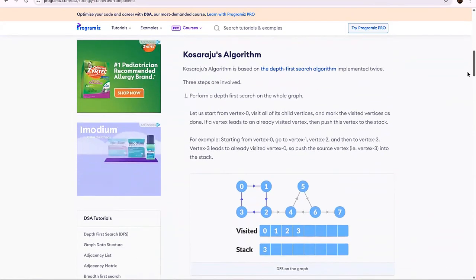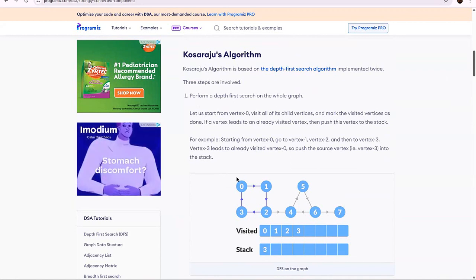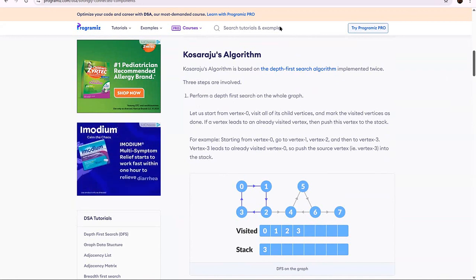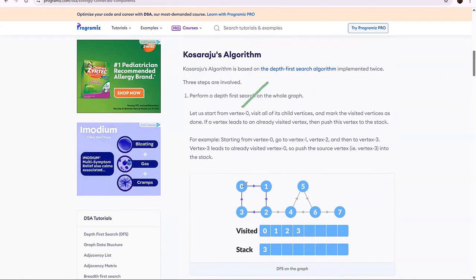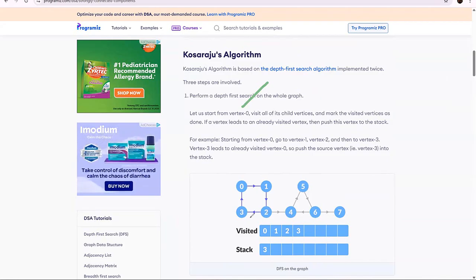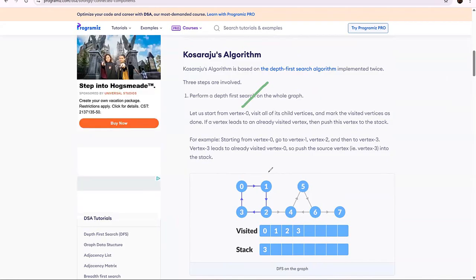It actually involves three steps. First, perform depth-first searching on a graph, starting from vertex 0. You do depth-first searching, so you will see 0, 1, 2, 3, and you go one by one, and 3 has nowhere new to go, so it is pushed into the stack.